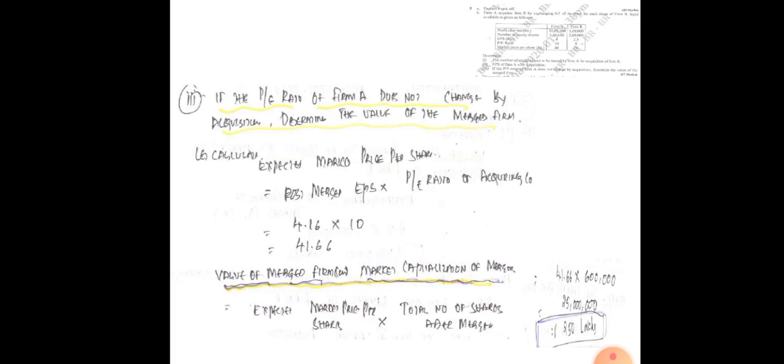So the acquiring firm's number of shares is 5 lakhs, given in the question, plus for the target company it is 1 lakh, right? So 41.66 multiplied by 6 lakhs, you get 250 lakhs, which is the merged company market value, or value of the merged firm. This is the solution for the third sub question.